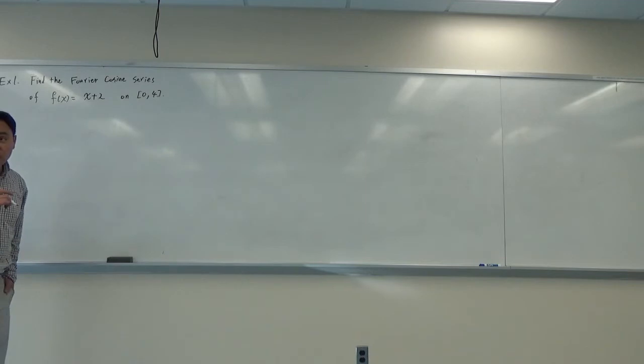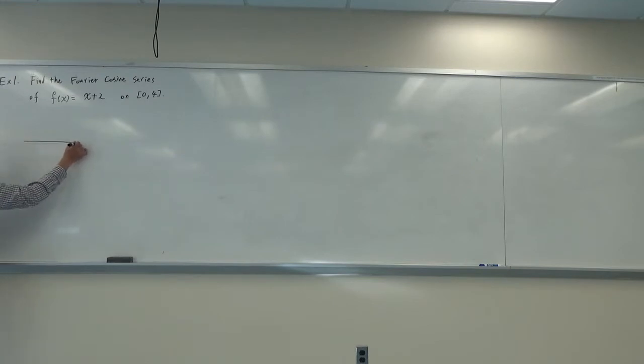But before I actually do the calculation, let's see what it means. On 0 until 4, there's the graph y equals x plus 2. So here's 2, and then when you plug in 4, it'll be 6.